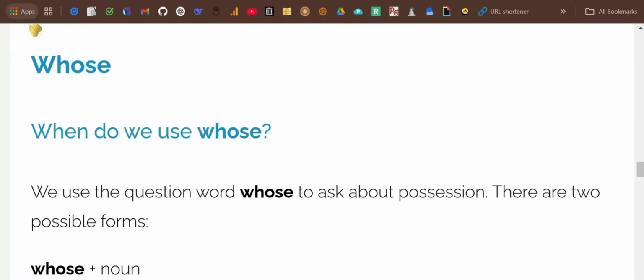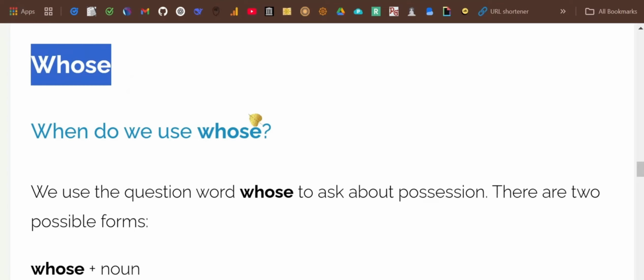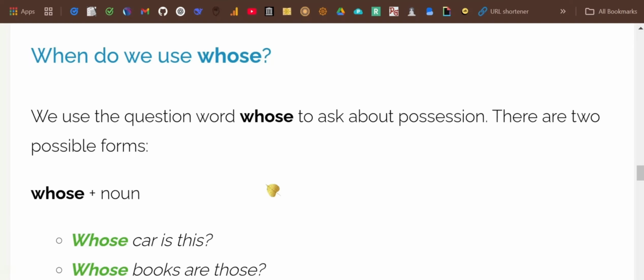Let's see what they add here about whose. Whose is the possessive pronoun. Remember? We just studied it as a relative pronoun. But it's also a possessive pronoun. So when do we use whose? To ask when you're asking about possession. Remember? I think in some past tests, I remember asking things like this. Bilbo's ring or something like that.